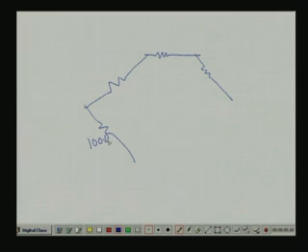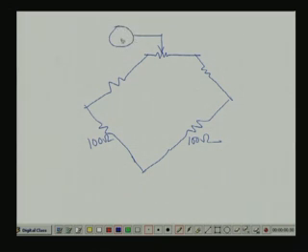It looks like this. We have one detector here, then we have here 100 ohm, this is 100 ohm, bridge balance. So, there is an ammeter 0 to 500 milliampere.